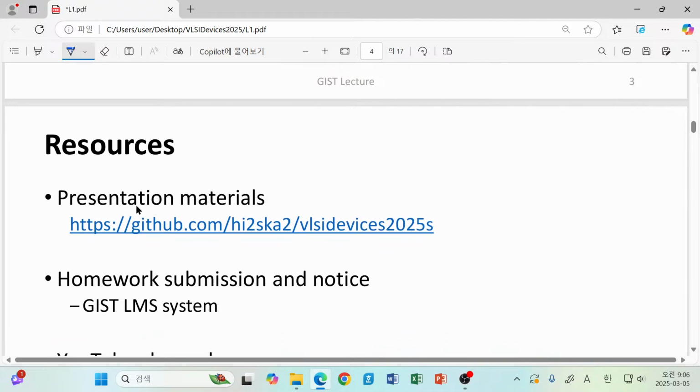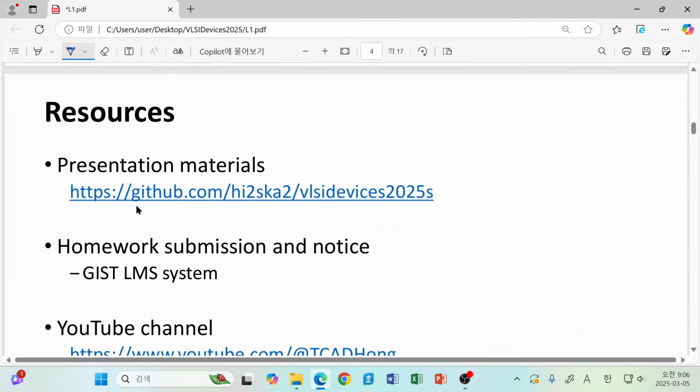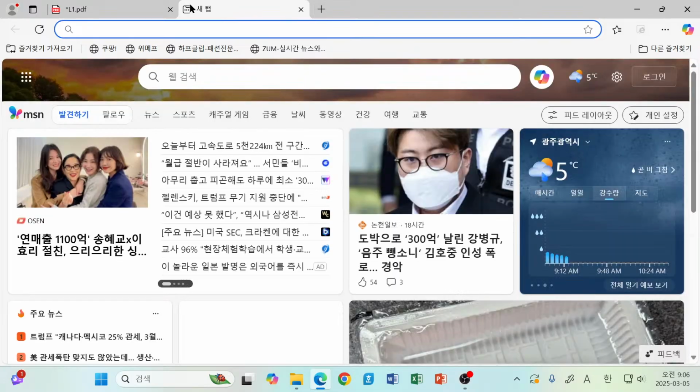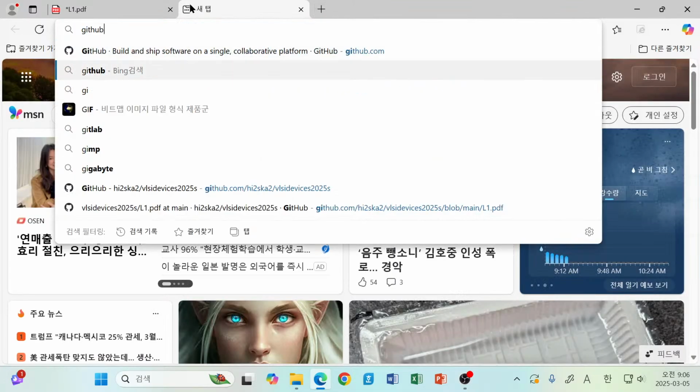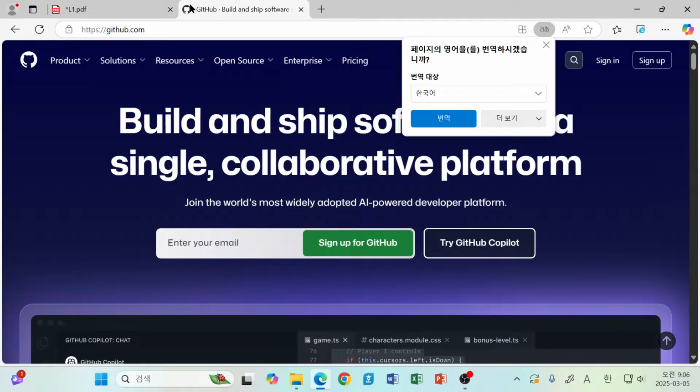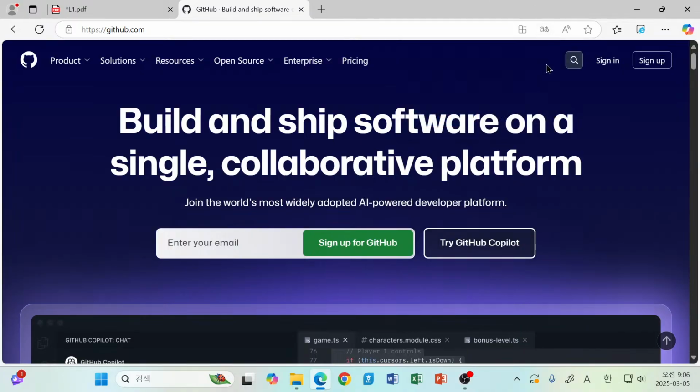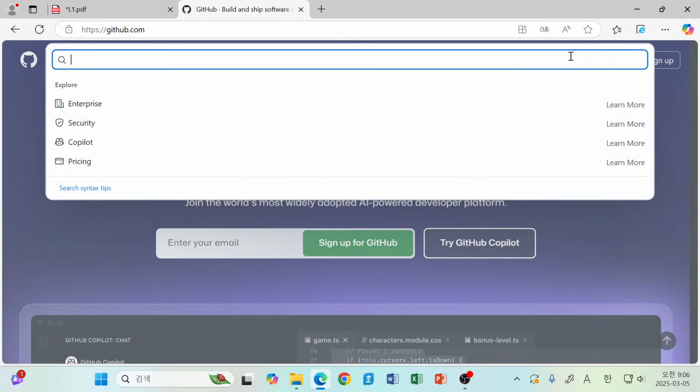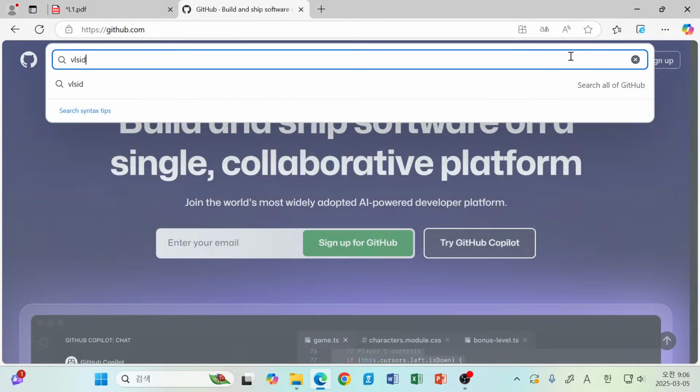In the case of resources, you can find these lecture materials in the following GitHub repository. Let me do it together with you. First, search the repository. Here you can type the name of the repository, VLSI devices 2025, this is the spring semester.